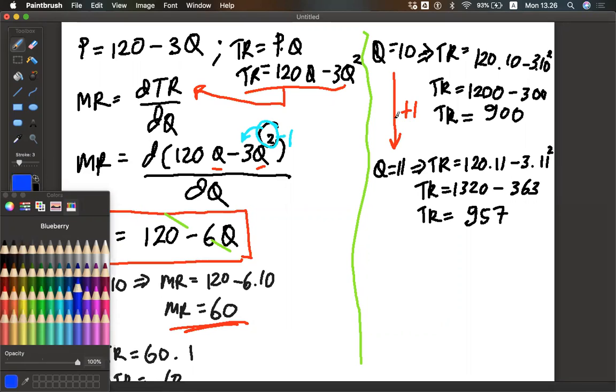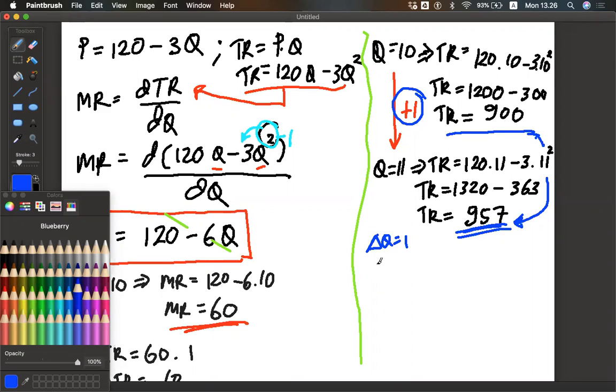just write it with blue, if the quantity increase is +1, if the delta Q equals 1, then the TR goes from 900 to 957.